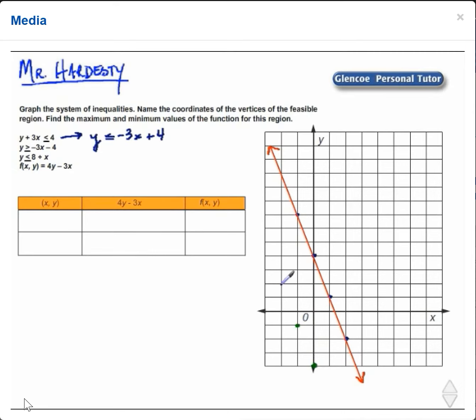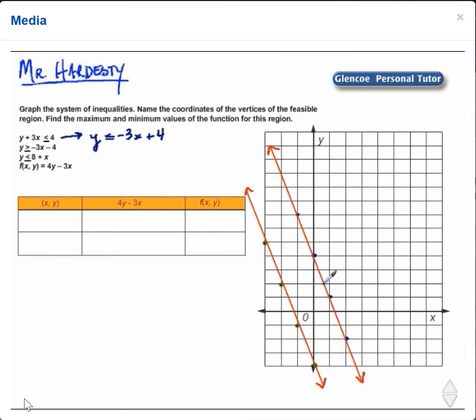Up 3, left 1, and so on to represent the slope. We'll connect those points. And again, considering as an inequality, this one says greater than, so those points are coming this direction.